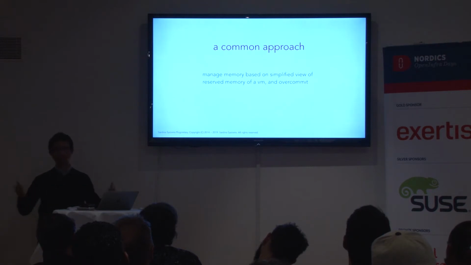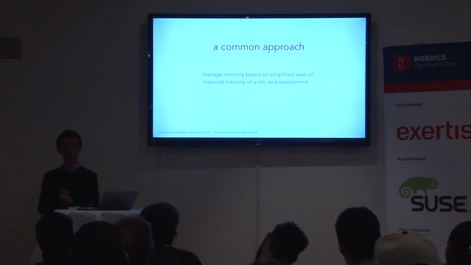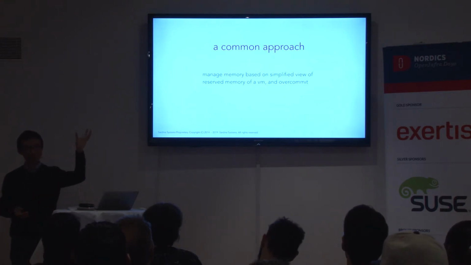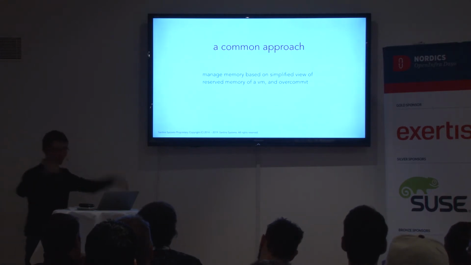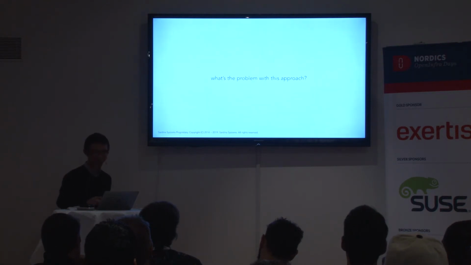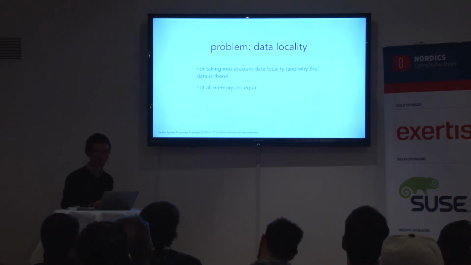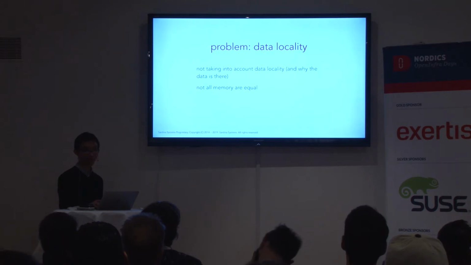So, in cloud, how do we manage memory? Let's go back to how much memory does this flavor say that it needs? And how much memory does the host have? And let's do some overcommitment and hope for the best, okay? That's nonsense. So what's the problem with this approach? It doesn't take into account data locality and doesn't actually realize that not all memory levels are equal.